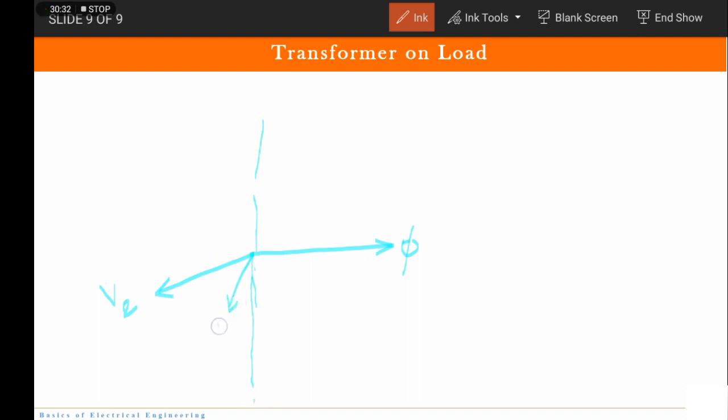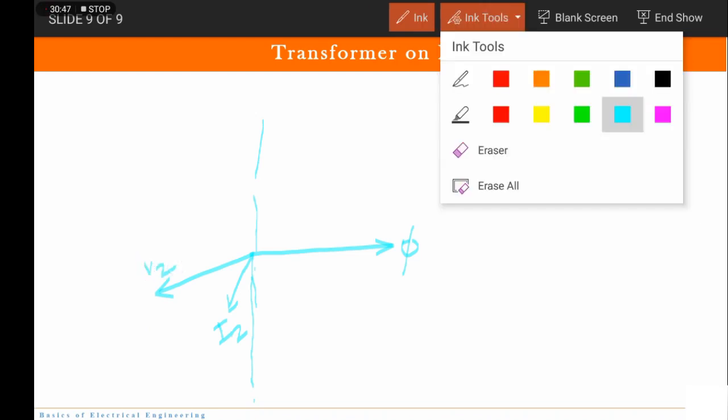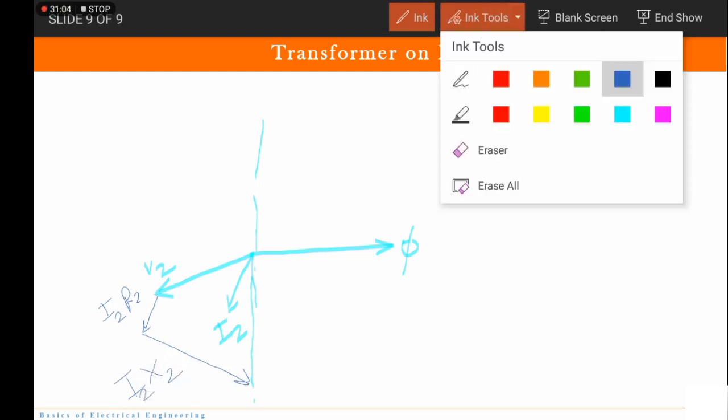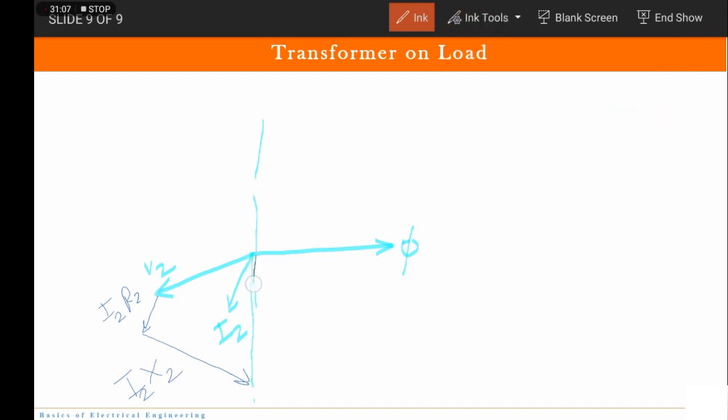So here I have I2. To this V2, I will add I2R2, and then I will have I2X2. This reference line was not actually there, but I simply drew it for my reference. So this becomes E2, which is equal to E1.